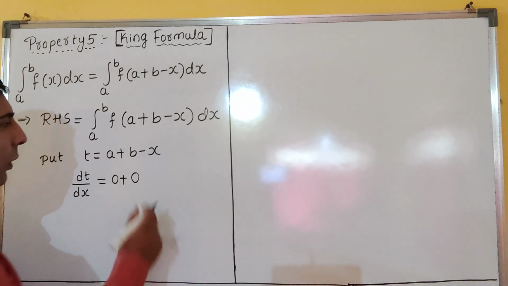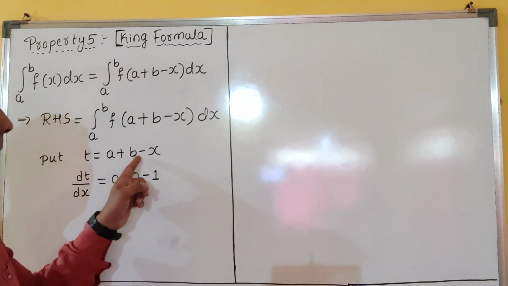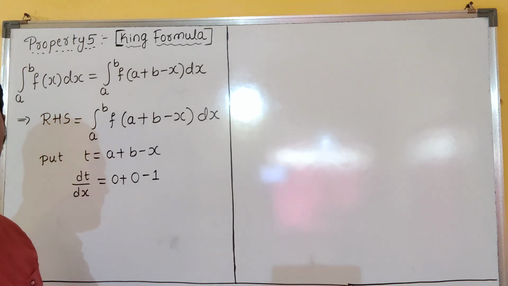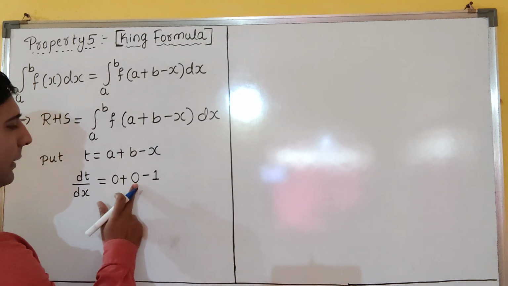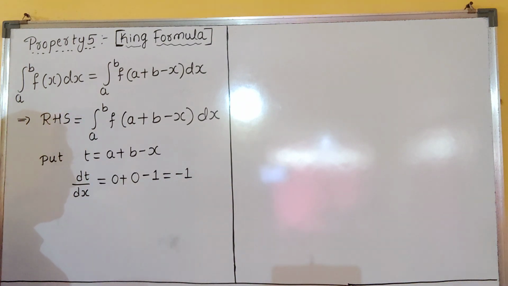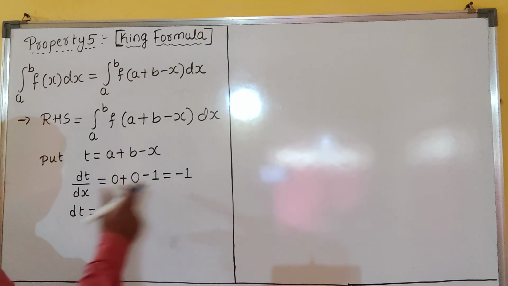Constant derivative is 0. Derivative of x is 1. So minus is there, minus I wrote. So 0 plus 0 is 0, 0 minus 1 is minus 1 dear students. So dx you send that side. dt is equal to dx into minus 1, minus dx.